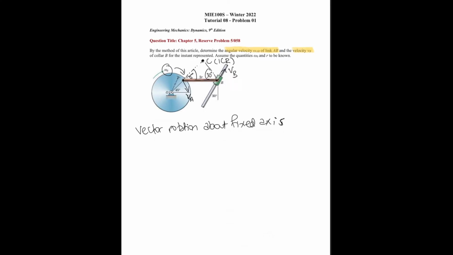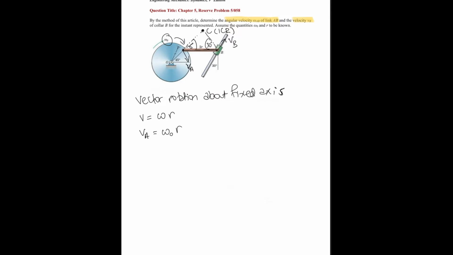We've got our vector rotation equations. And we know that v, the velocity, is equal to the angular velocity times the radius. So that means that VA is equal to omega naught times r. Now, for some relative motion, we want to know omega AB, right?